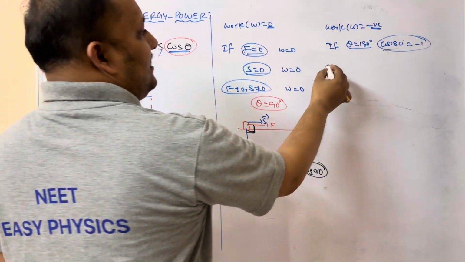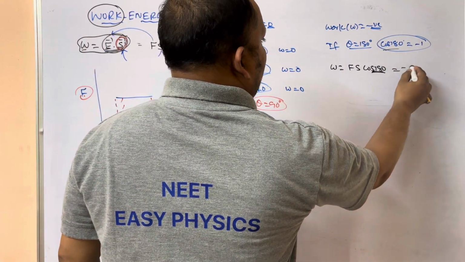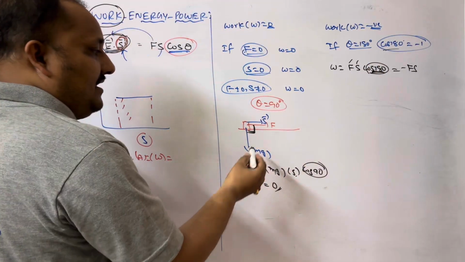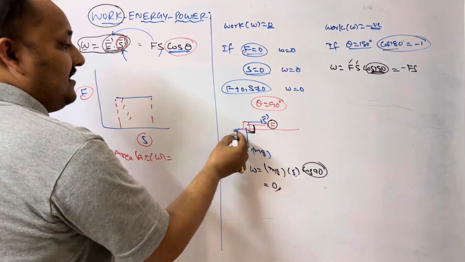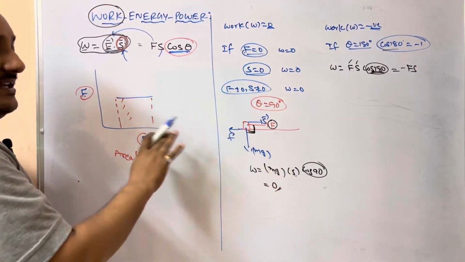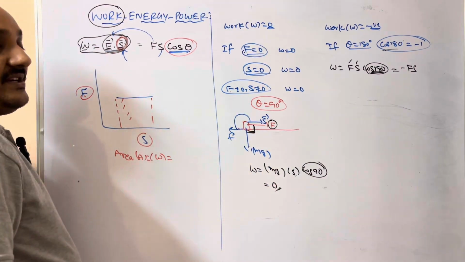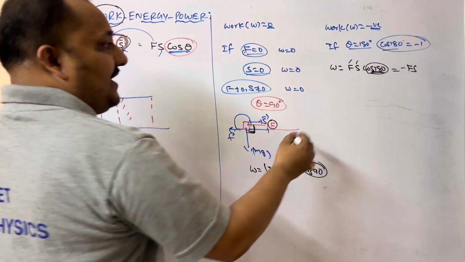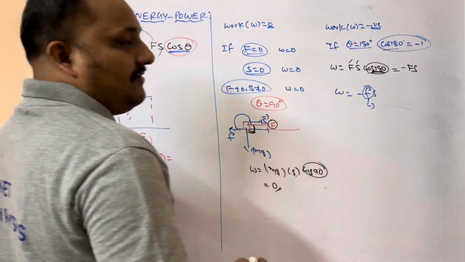Cos 180 is minus 1, therefore W equals Fs cos 180. But where do we get the angle between force and displacement as 180? If the object moves to the right, the frictional force is applied to the left. Now the work done by frictional force: the angle between displacement and frictional force is 180. Therefore, it is minus Fs, where F is the frictional force.